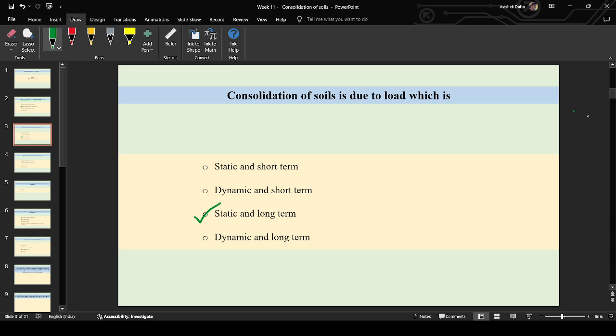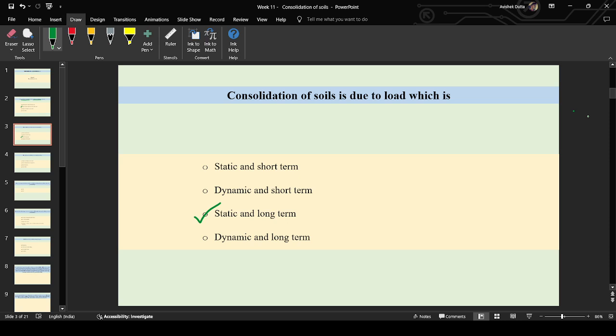One train passes at 7 in the morning, carrying a specific number of passengers, so it has a particular weight. The next train might pass around 8 o'clock with a different number of passengers, so a different load. So it is dynamic and short term load, not long term.